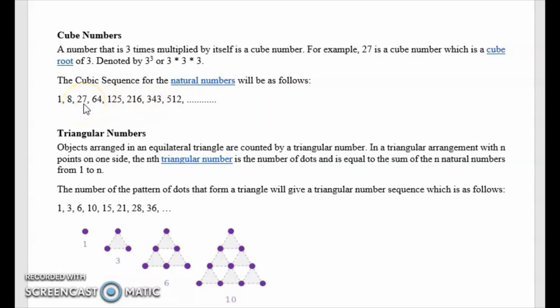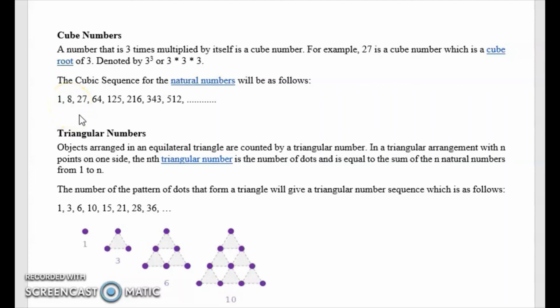So paano naging cube numbers? Kanina, may square number tayo, so the counting numbers is multiplied by itself 2 times. Ngayon naman, dahil sa cube, we will multiply it 3 times. Magsisimula ulit tayo sa 1, 2, 3, 4, 5, 6, 7, yung counting numbers. So, 1 times 1 times 1 equals 1. Anong susunod sa 1? 2. 2 times 2 times 2 equals 8.